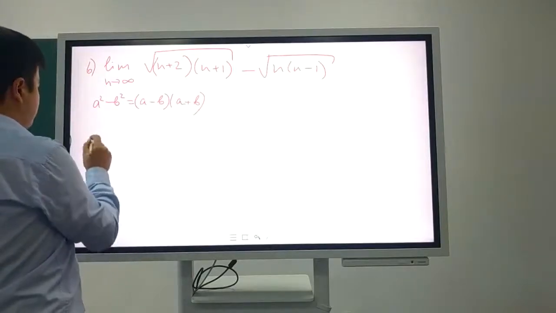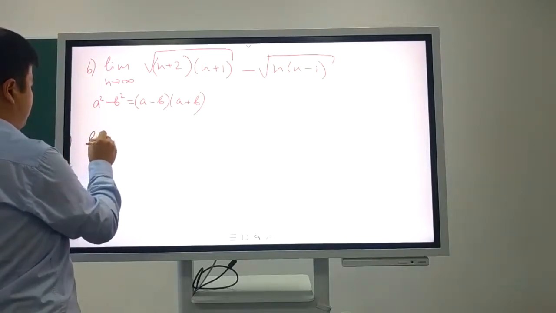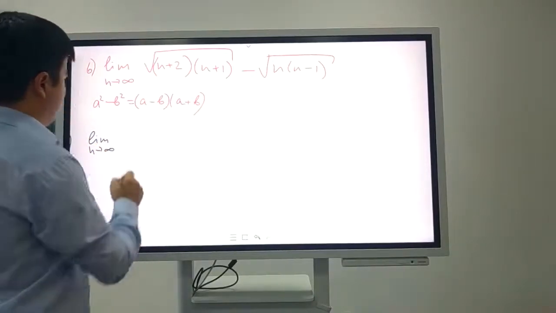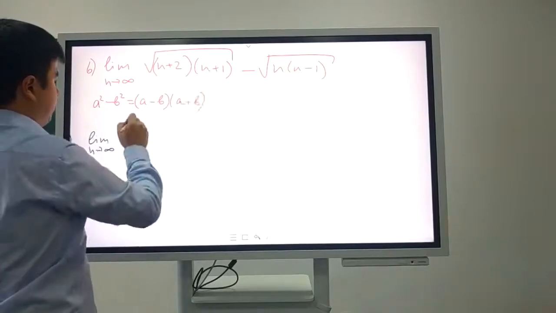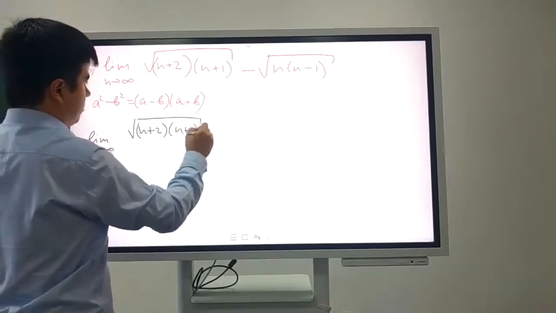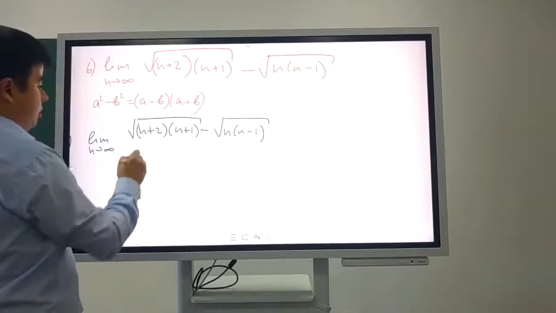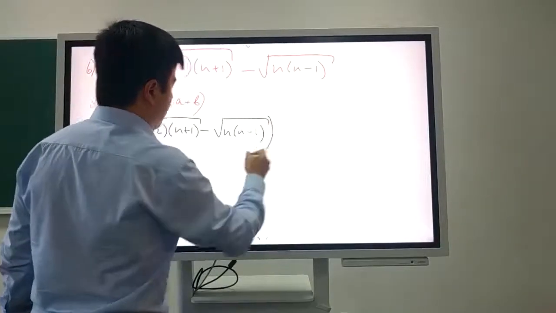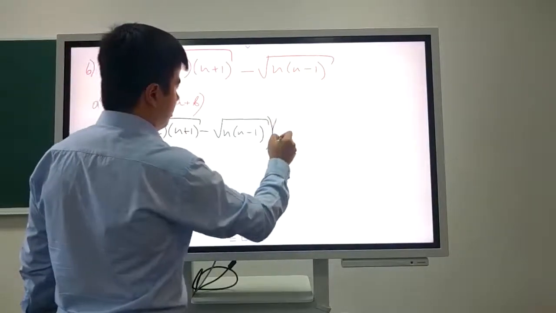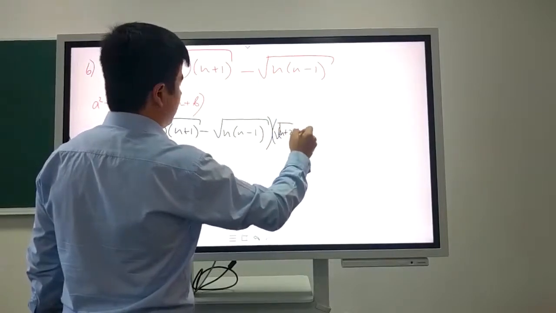So let's continue. Limit n tends to infinity. So write this expression, and multiply by the conjugate with plus. And plus the square root of n plus 2, n plus 1.